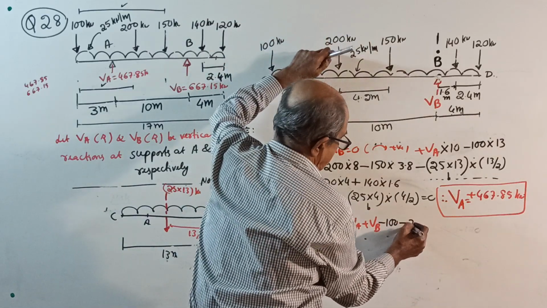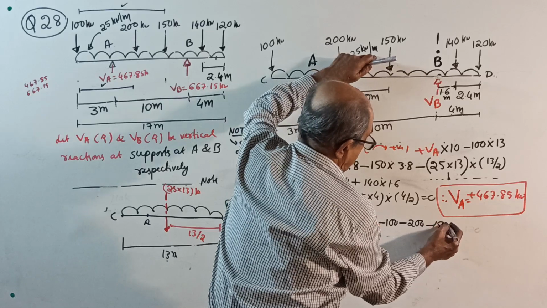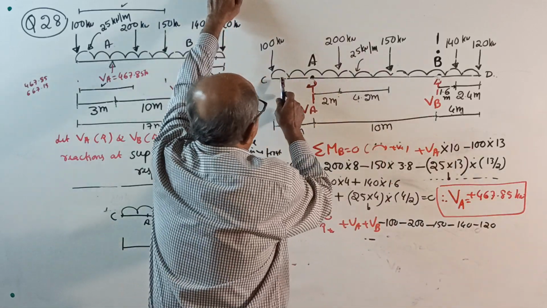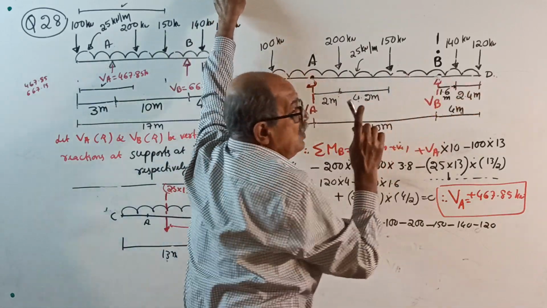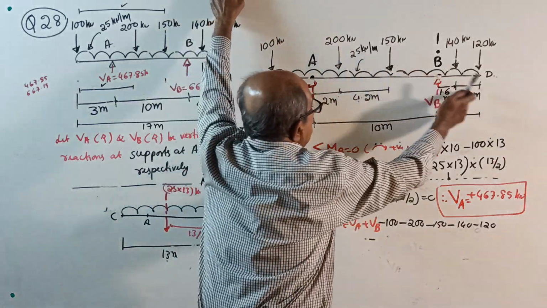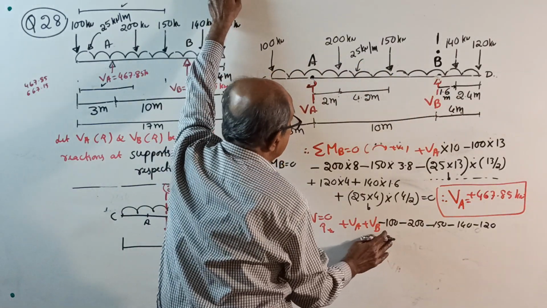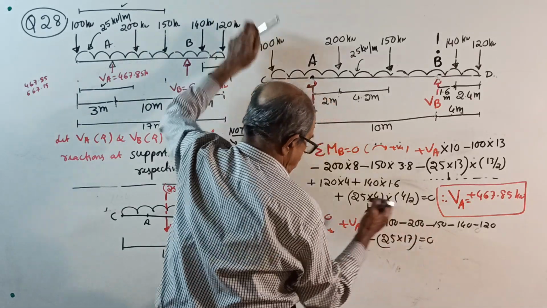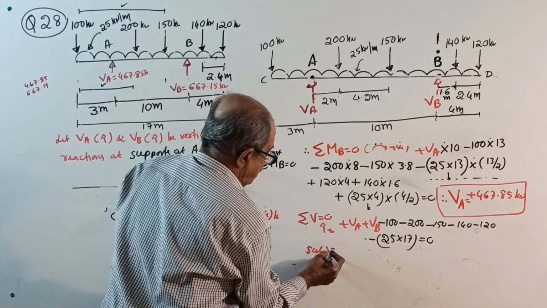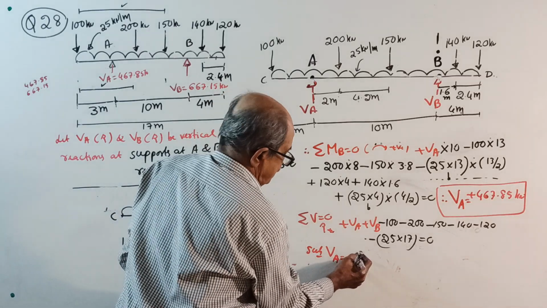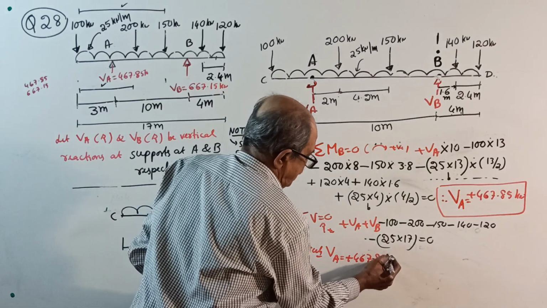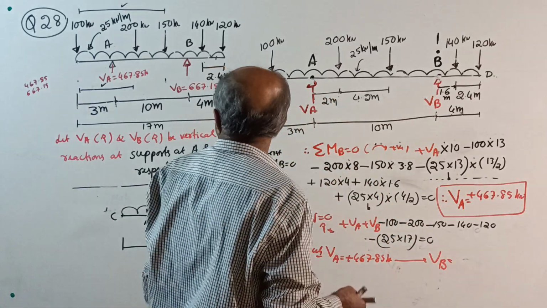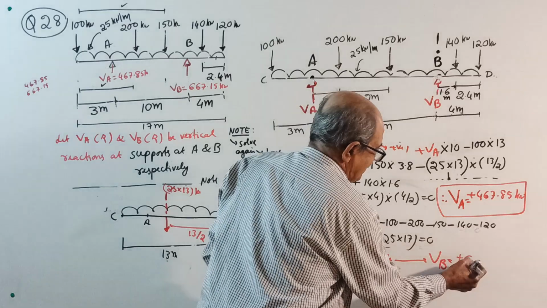Minus 100, minus 200, minus 150, minus 140, minus 120, minus UDL from C to D, only load you want, no distance required, 25 into total length is 17, minus 25 into 17 equal to 0. Substitute your VA equal to plus 467.85 kilonewton, you will get VB equal to 667.15 kilonewton.